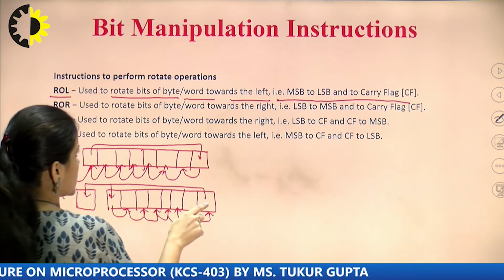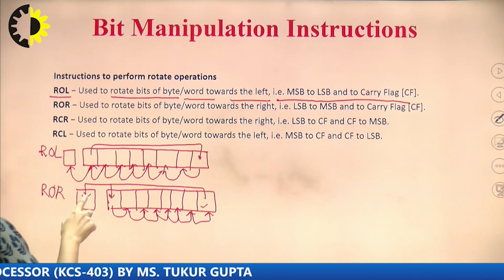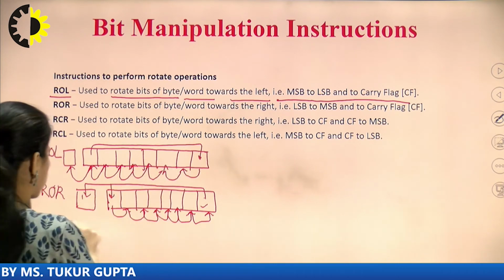Here the LSB is being copied to the MSB as well as to the carry flag, but the carry flag is not rotated along with the rotation of the data.